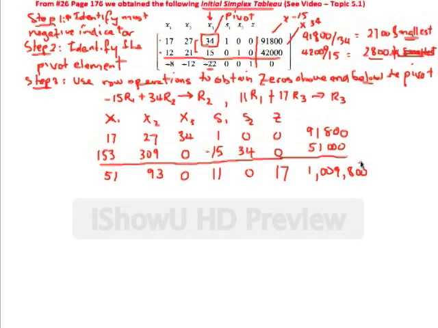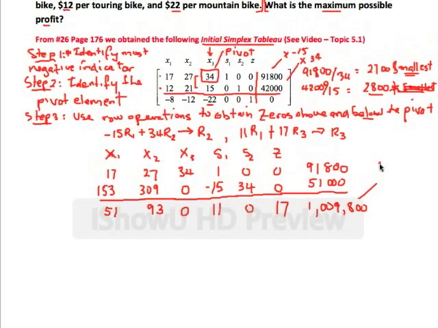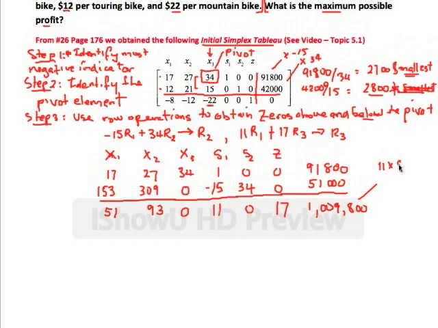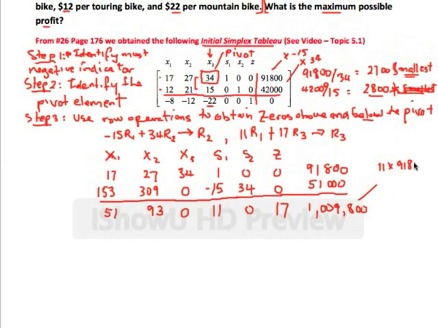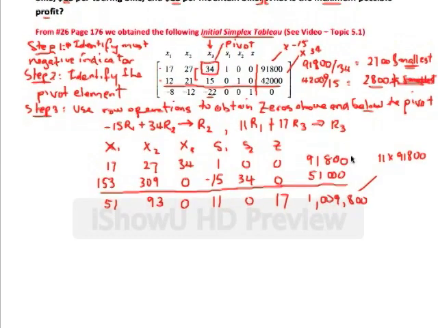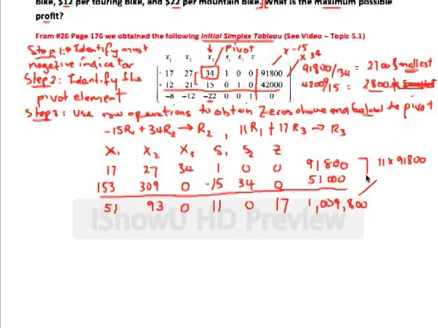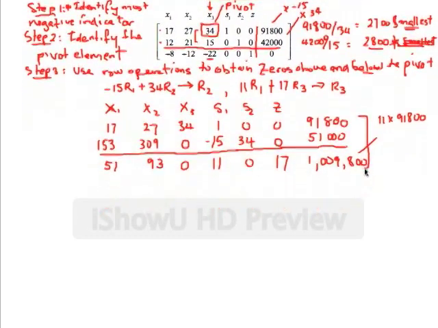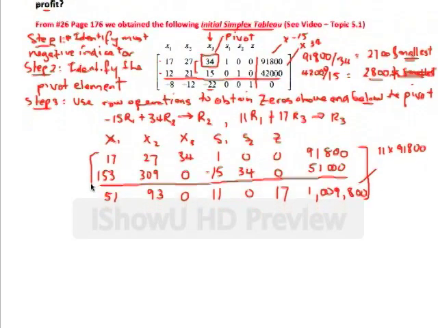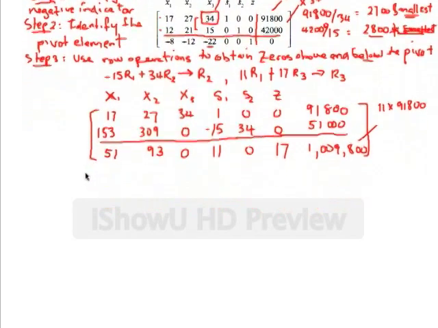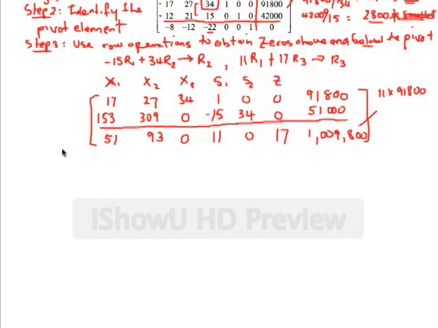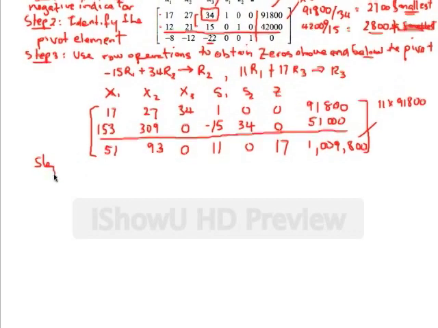Alright, so remember this one here is coming from 11 times 91,800. Alright, so here is our matrix, like so.